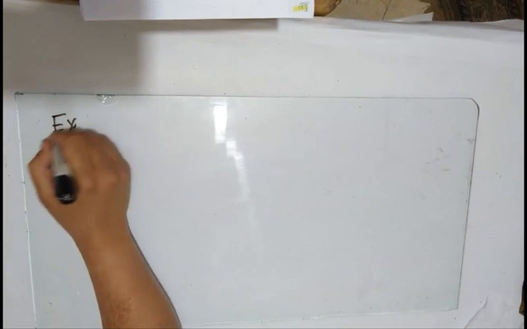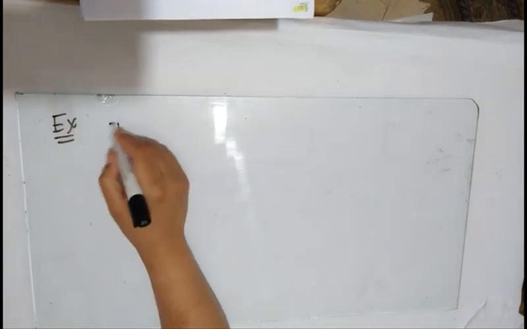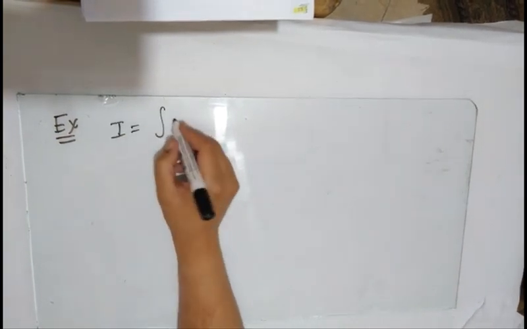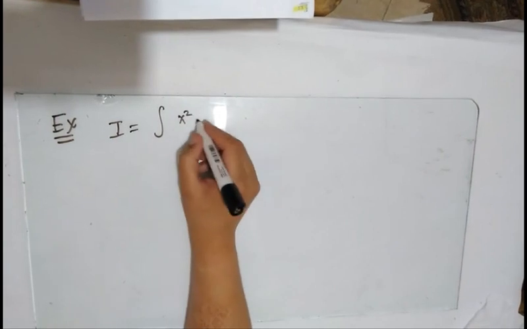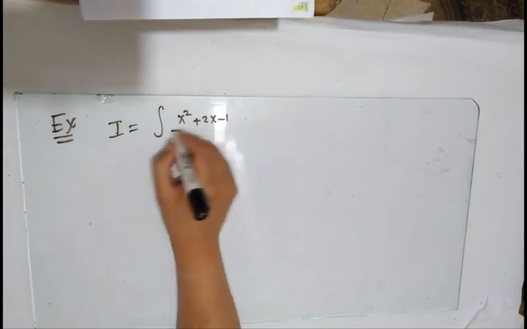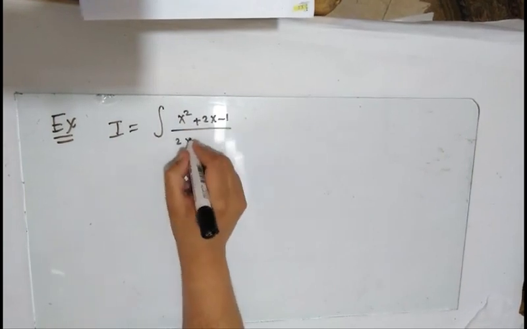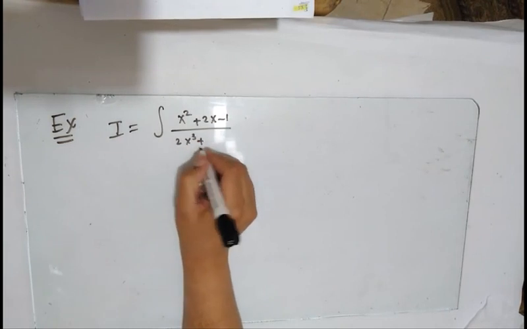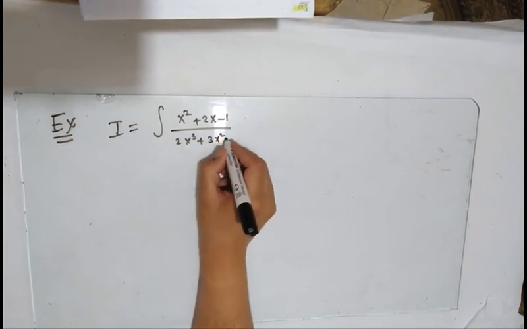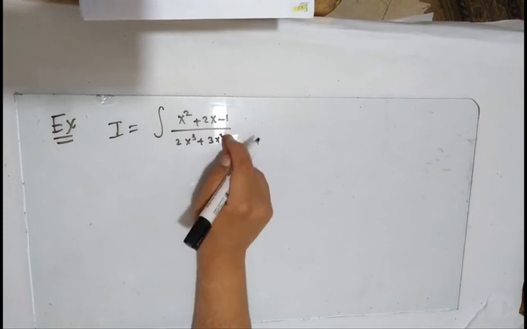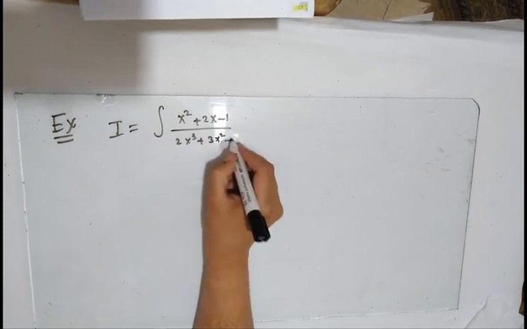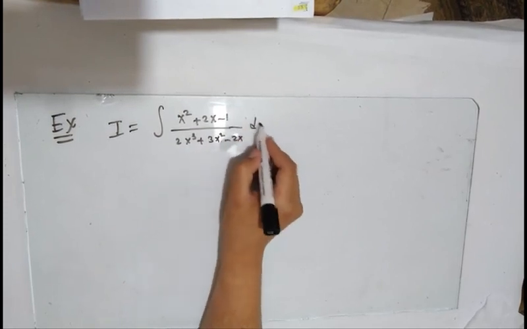Okay, so our first example is to evaluate this integral: x squared plus 2x minus 1 over 2x cubed plus 3x squared minus 2x with respect to x.